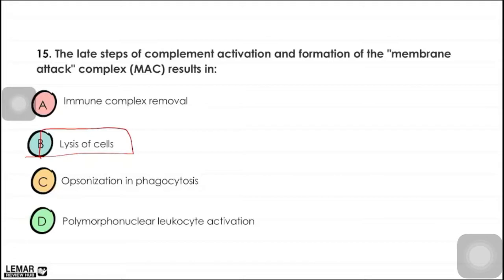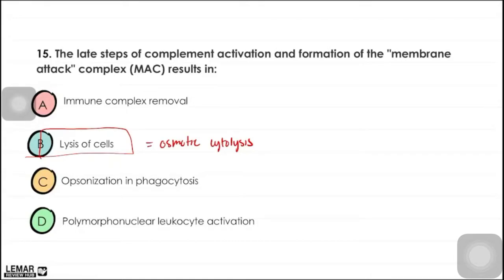Once it is fully assembled in the correct proportions, this will cause lesions. Sometimes they term this as tubules or pores, which span the membrane of the cell wall that is being attacked by your complement. So the ions will flow freely between the cellular interior and exterior structures, and this will cause osmotic cytolysis.